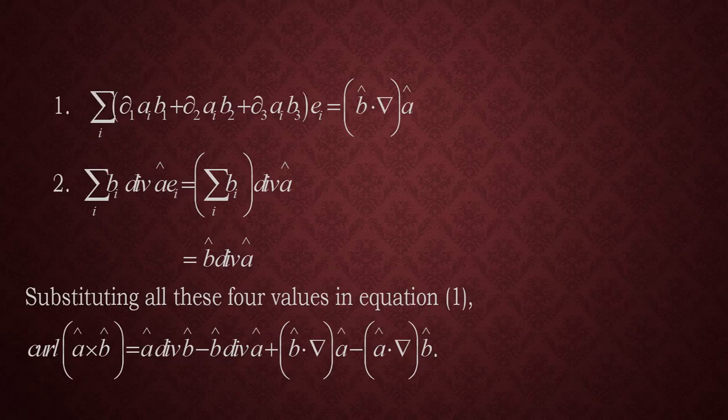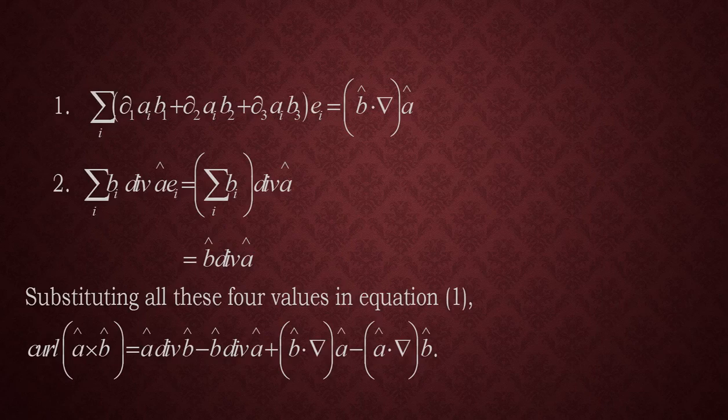Then it becomes summation over i of (B1 ∂1 Ai + B2 ∂2 Ai + B3 ∂3 Ai) times Ei, that equals B1 sigma ∂1 Ai + B2 sigma ∂2 Ai + B3 sigma ∂3 Ai, that equals B1 ∂1 sigma Ai + B2 ∂2 sigma Ai + B3 ∂3 sigma Ai.